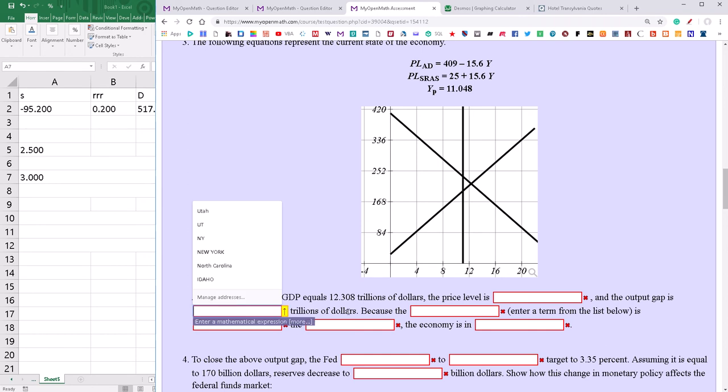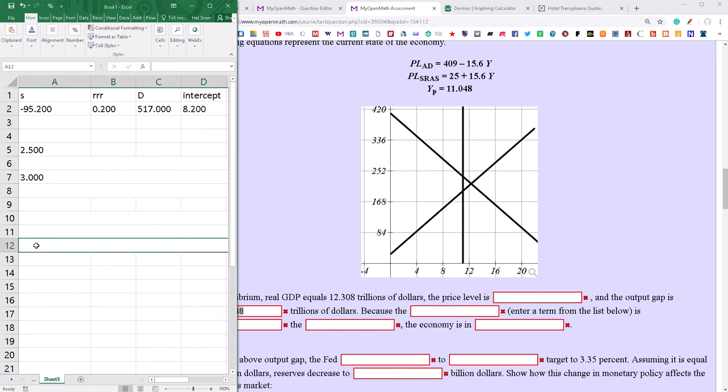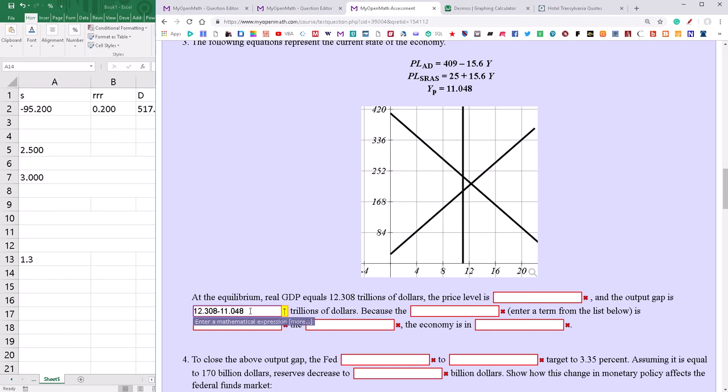So the output gap is 12.308 minus potential, right? And that's positive because we're in an inflationary gap. Okay, so the output gap is a positive 1.3, right?